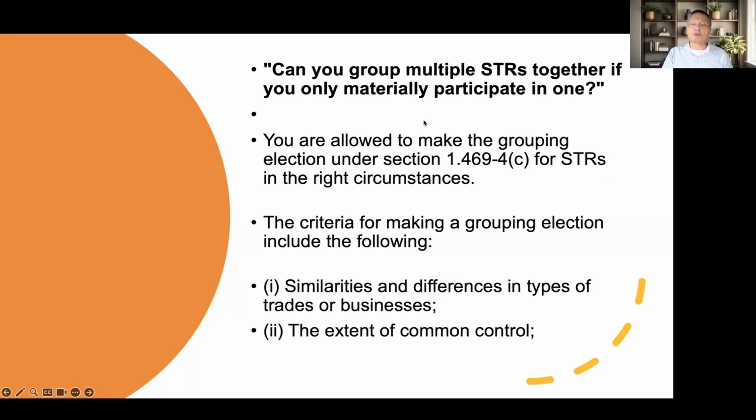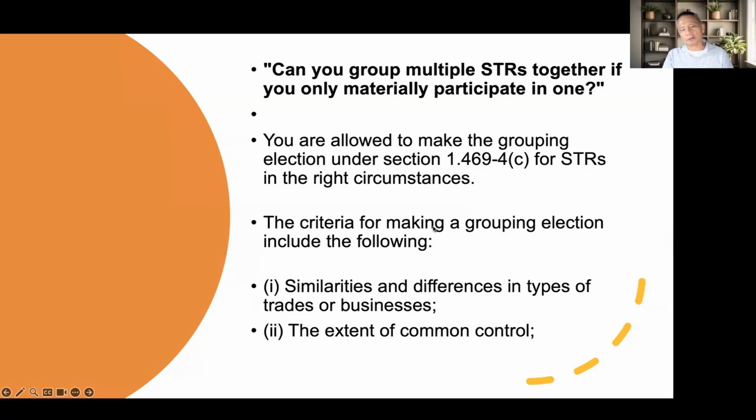Can you group multiple short-term rentals together if you only materially participate in one? The answer is, you are allowed to make grouping elections per section 1.469-4(c) for STR, short-term rental, in the right circumstances.